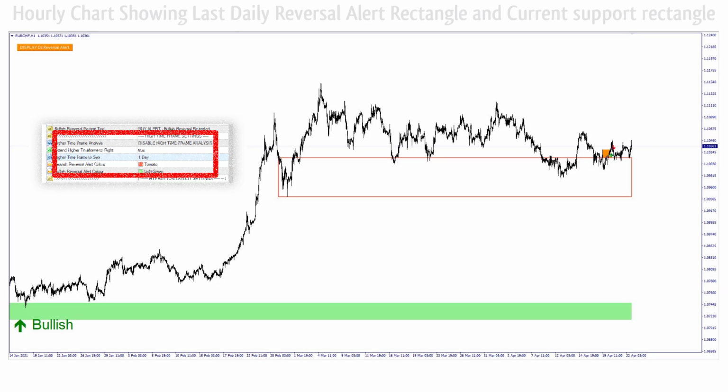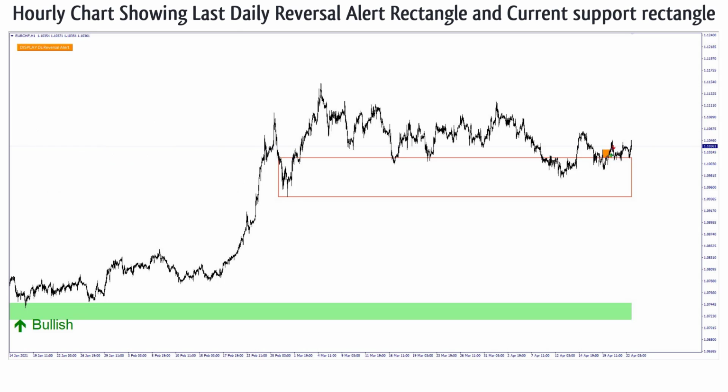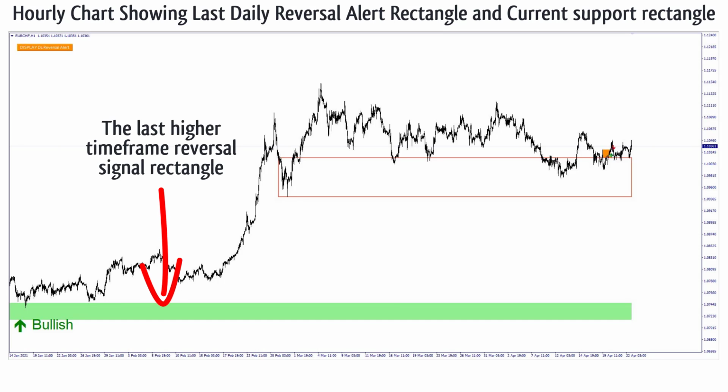And what the indicator will do is it will draw onto your chart the last alerts from the indicator on your higher time frame. So for example, if we're entering a trade on the 1 hour time frame, we can choose to have the indicator also show us the most recent alerts and the most recent rectangles drawn into support price from our higher time frame, which in this case we would use the daily.